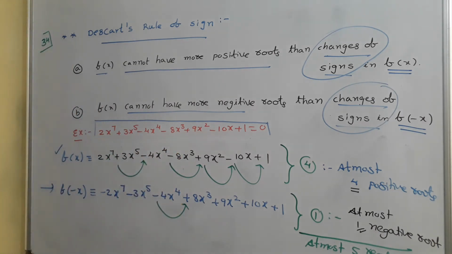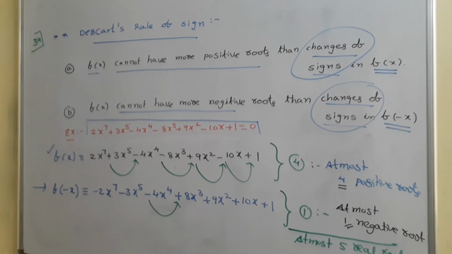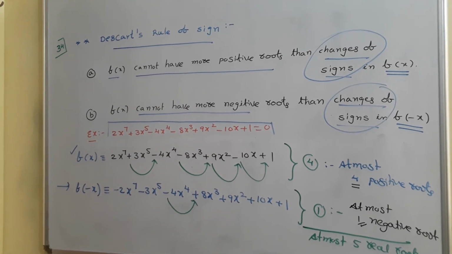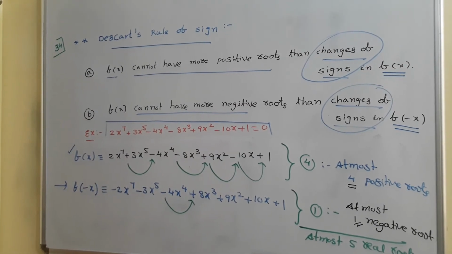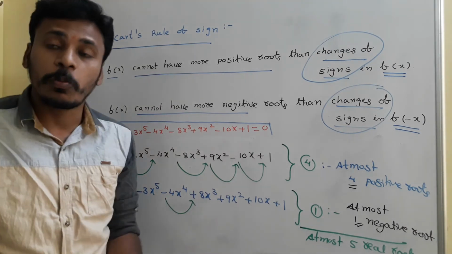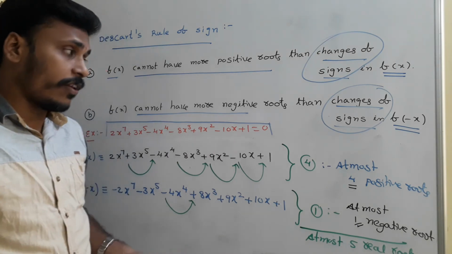The statement that it has 7 real roots is wrong because the given polynomial equation has at most 5 real roots. The polynomial equation may have 0, 1, 2, 3, 4, maybe 5 real roots, but it can't have more than 5 real roots.